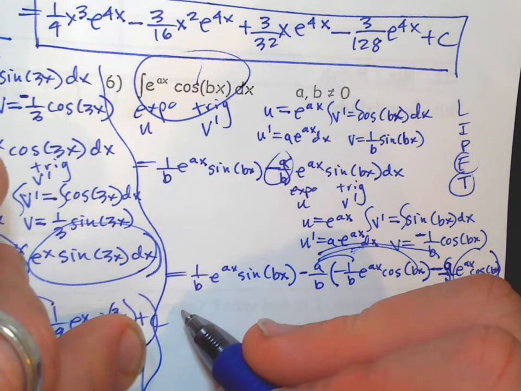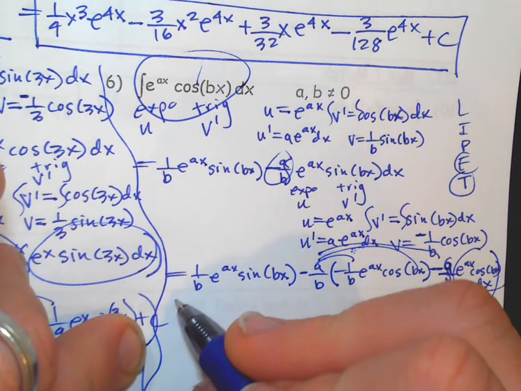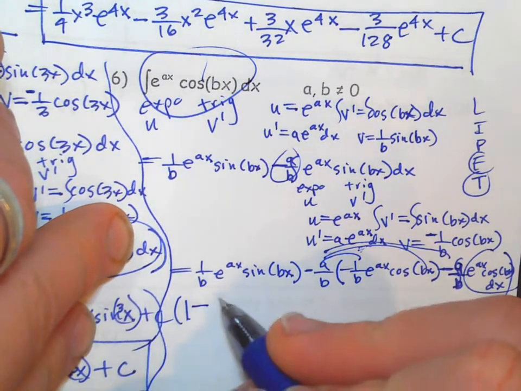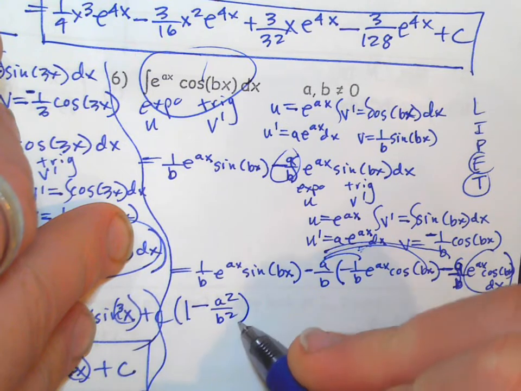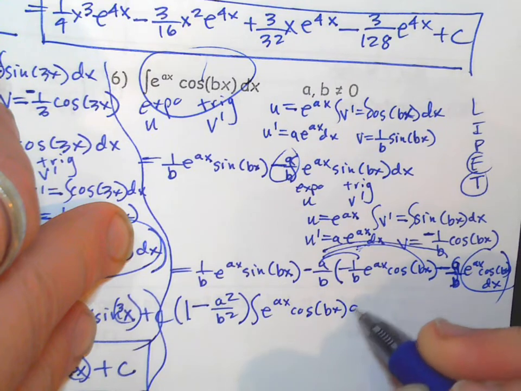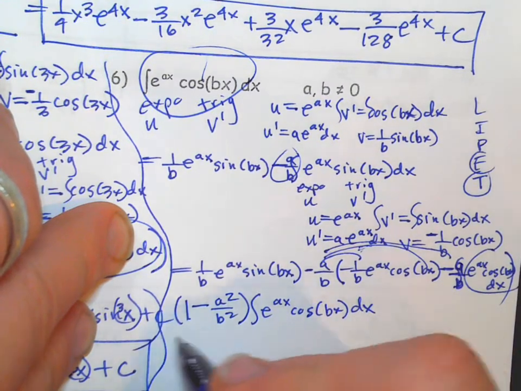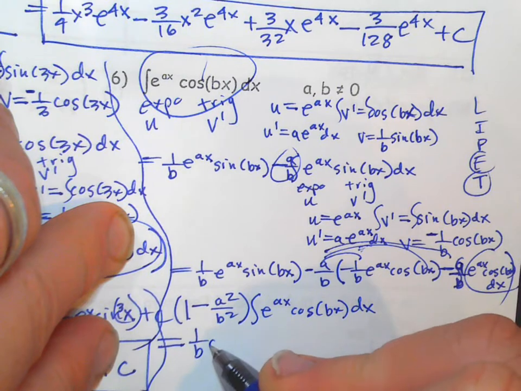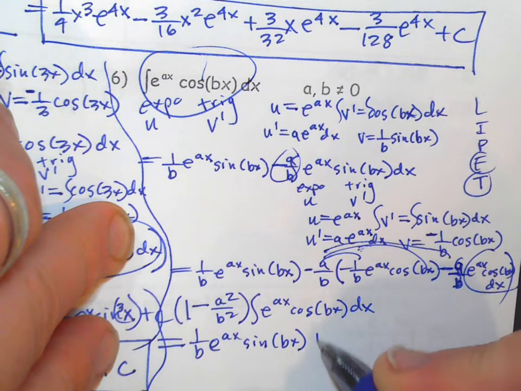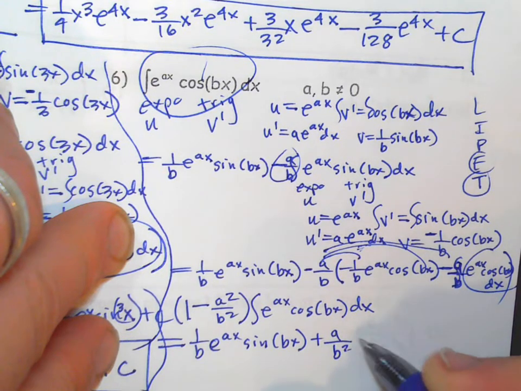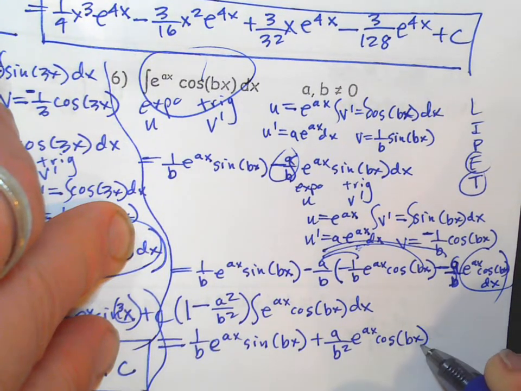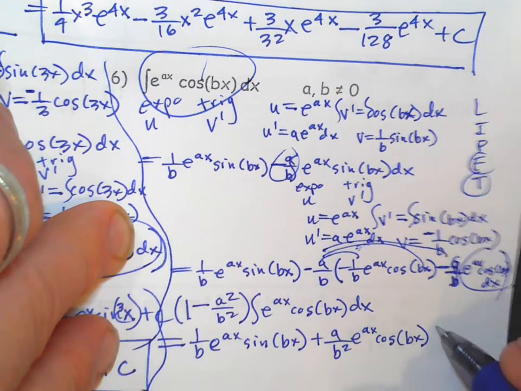So if I move this to the other side, I will have 1 minus a squared over b squared times the integral of e to the ax cosine bx dx equals 1 over b e to the ax sine bx plus a over b squared e to the ax cosine bx plus c.